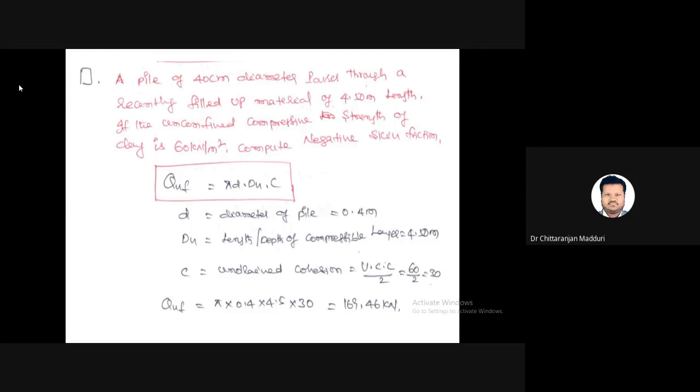So UCC divided by 2. UCC equals 60 kN per meter square. Half of 60 equals 30 kN per meter square. So negative skin friction equals pi into diameter of the pile 0.4, depth of compressible layer 4.5 meters, and cohesion equal to 30. So finally we will get negative skin friction equal to 169.46 kilonewtons.